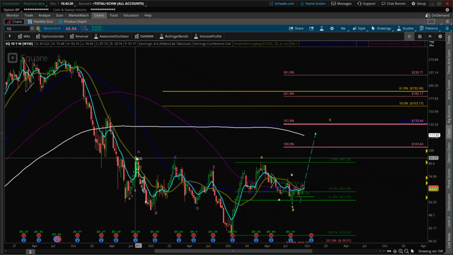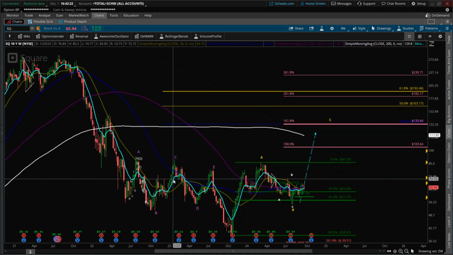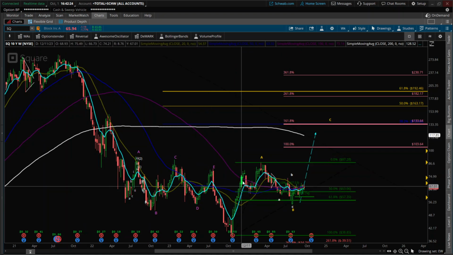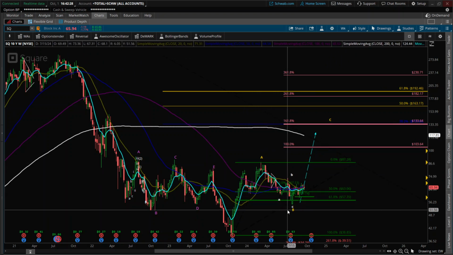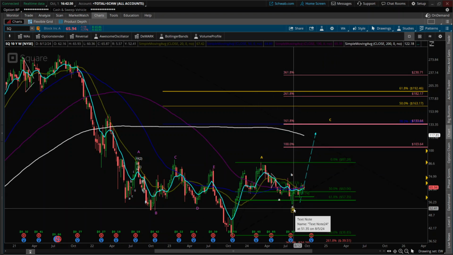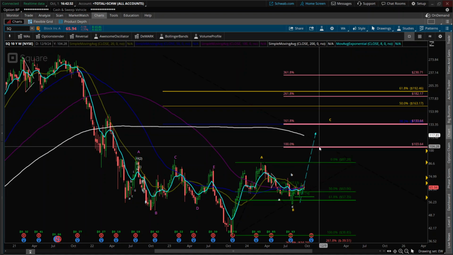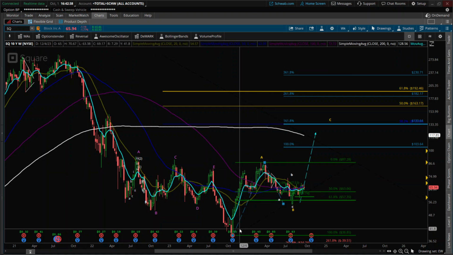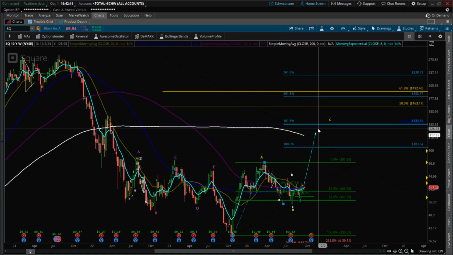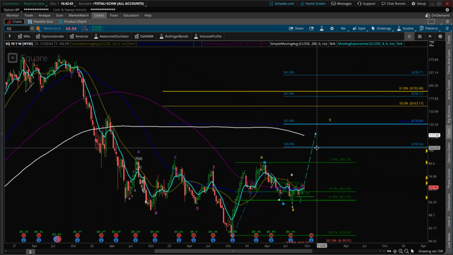So here it goes. We have that move down, an A, B, C, D, E, wave 5, and then we have an A, B down to the 61% retracement, and then a C that could easily move up to, if you're looking at 100% move from A to C, that would be around 103 there.